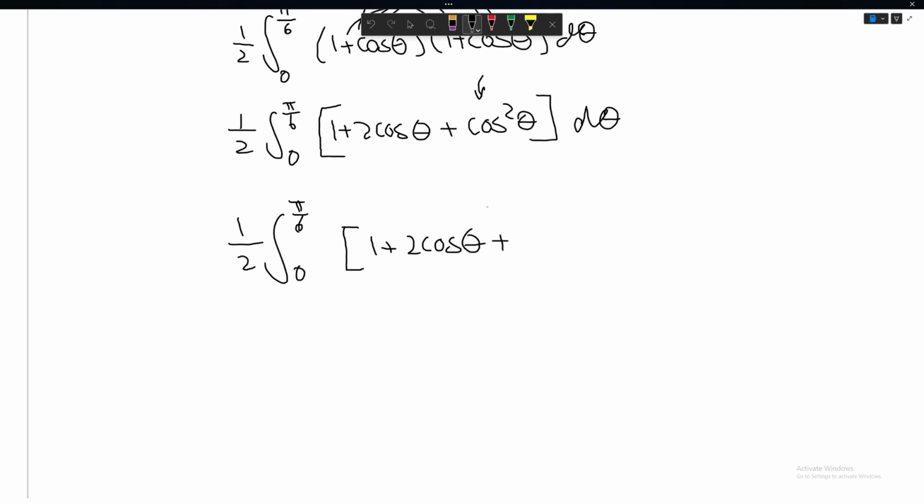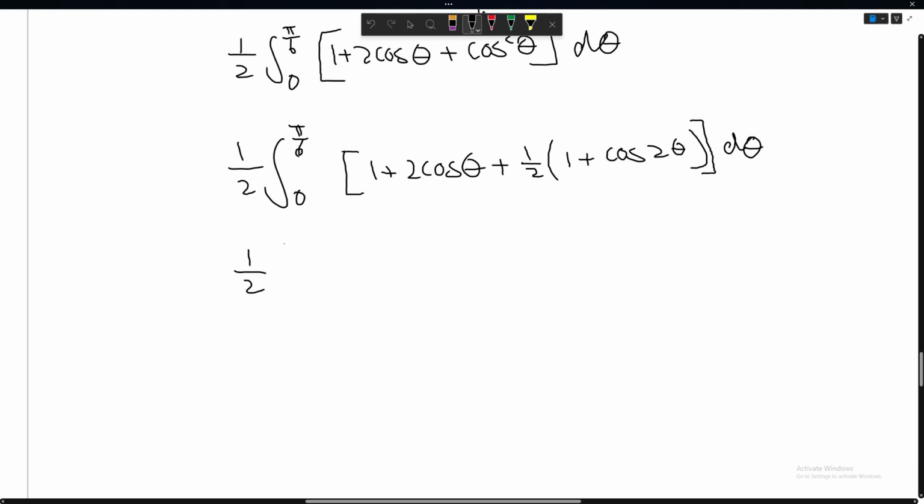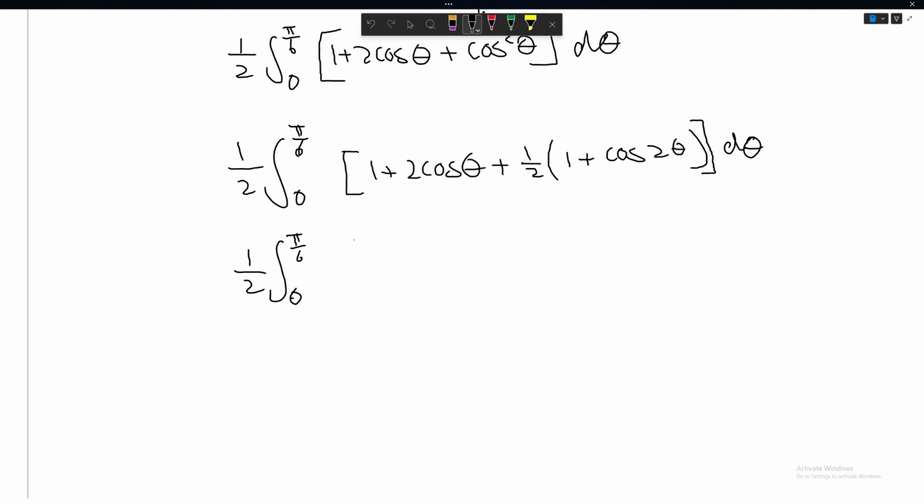Okay, so now for this one, we have to use the half angle, which if I can remember it, it's what, 1 plus cos? Is that what it is? Not too sure, but I'm pretty sure that's the one. Even though I just said I'm not too sure. All right, and so now when I look at this, I can expand.